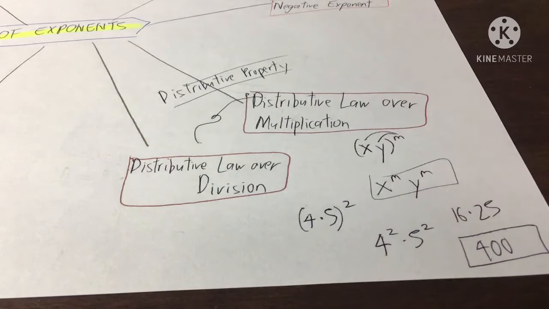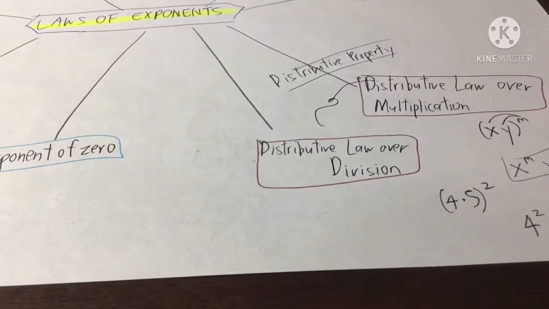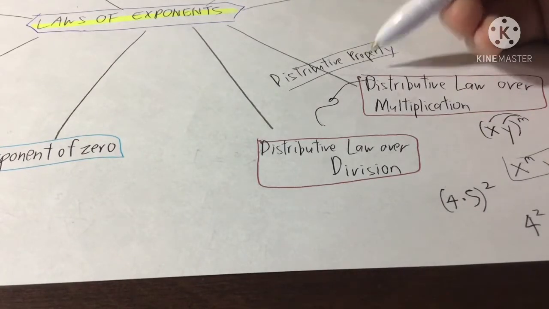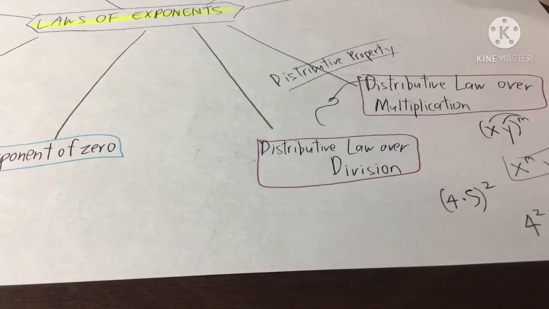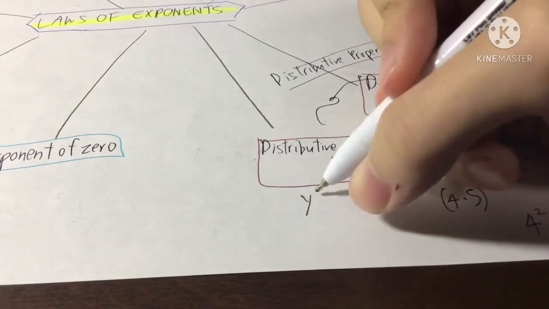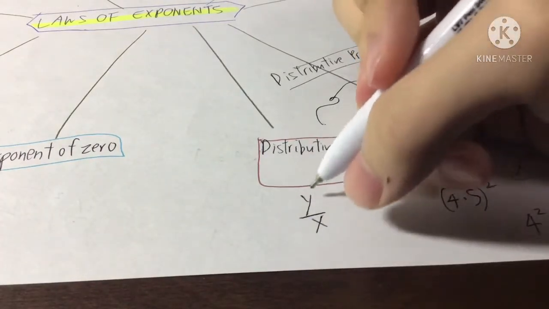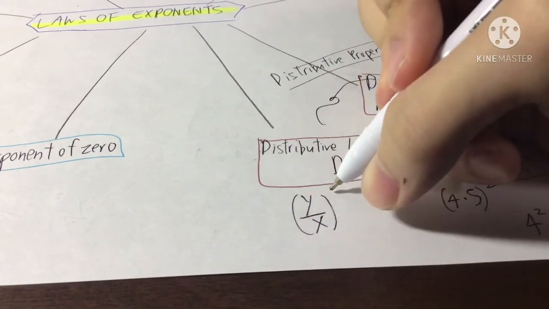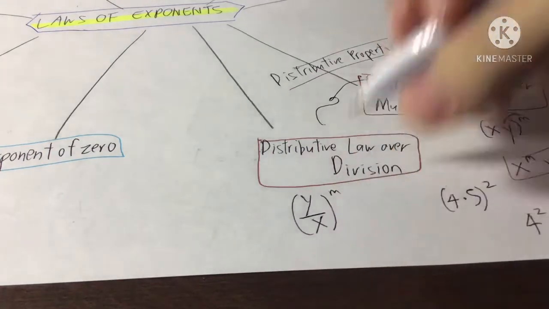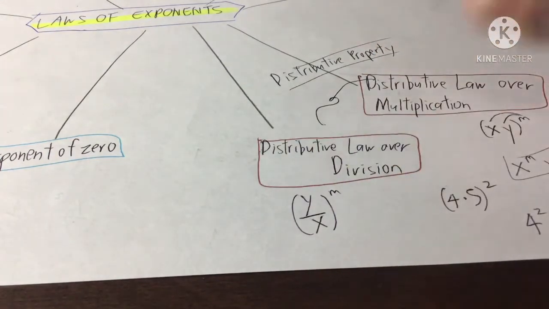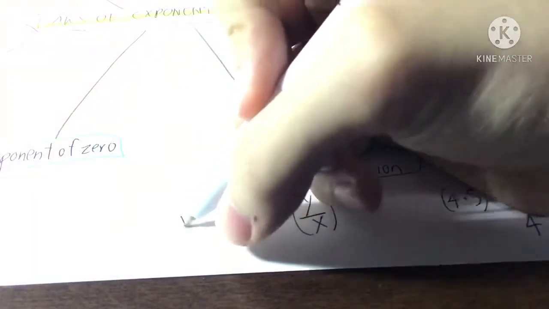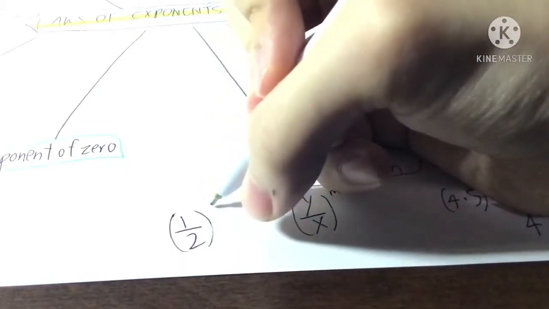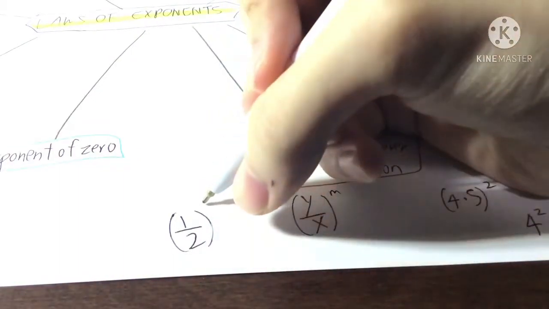Now, moving on, we have the distributive law over division. It also uses distributive property, and our formula for this would be y over x, any number over another number, all raised to any exponent m. So, example, we have 1 over 2, raised to the exponent of 2.